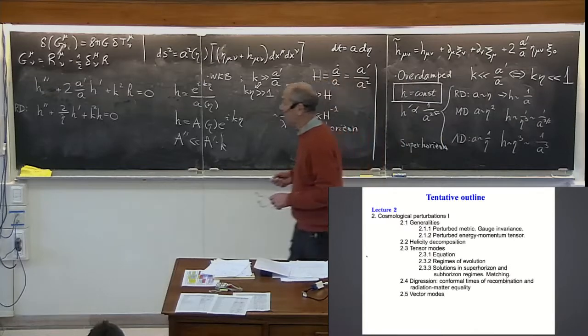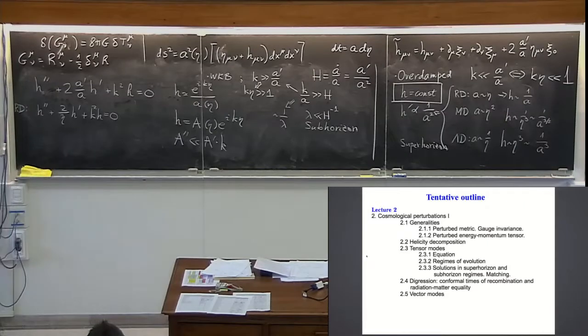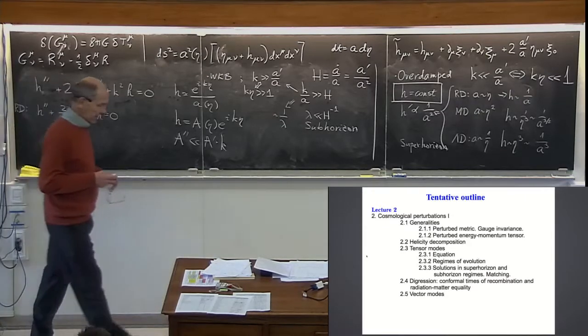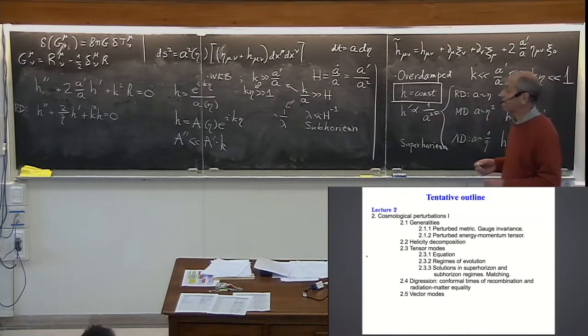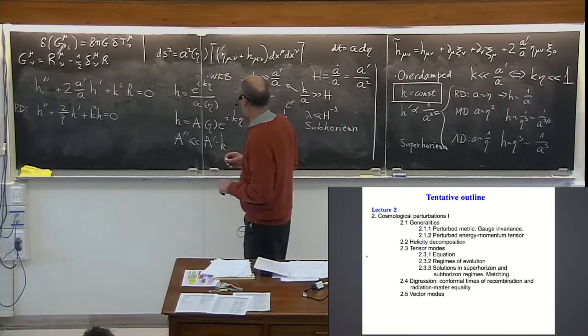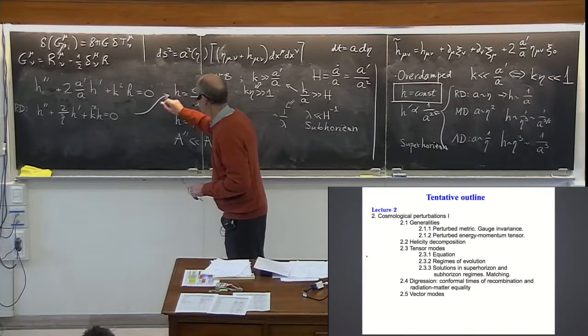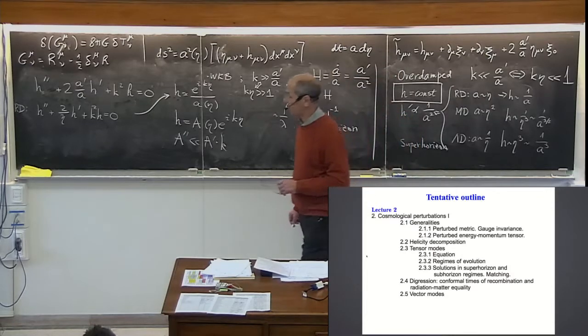As eta goes to 0, we want this amplitude to be finite, right? Otherwise, we have to accept a very inhomogeneous, very anisotropic universe at the very beginning of the hot epoch. So for those modes which cross the horizon, which become subhorizon at radiation domination, relatively short wavelengths, you have just to solve this equation here and match it to the general solution of an oscillatory function divided by a. Okay?